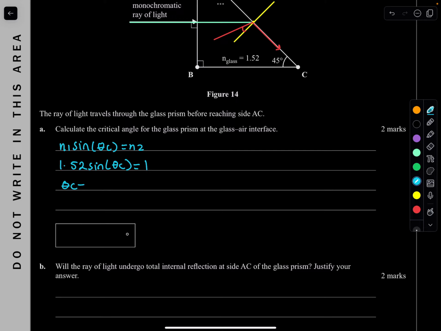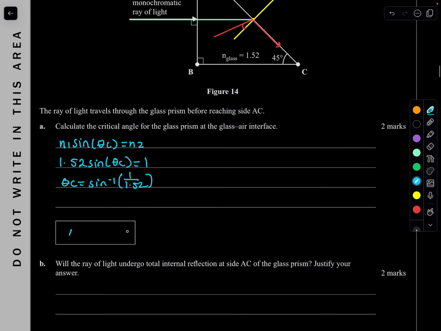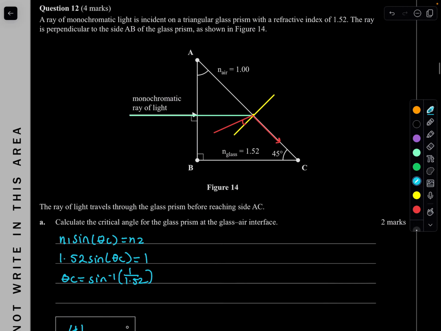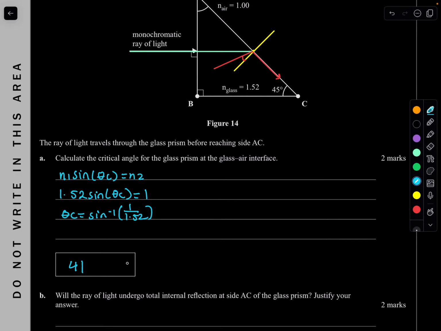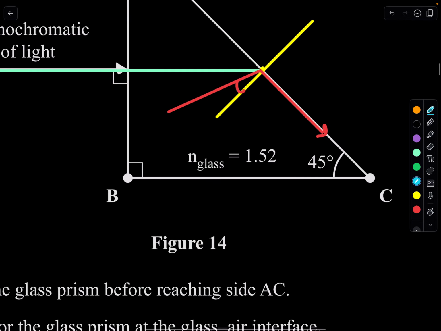Hence theta C is the sine inverse of 1 over 1.52. That gives you around 41 degrees. So that's our angle.